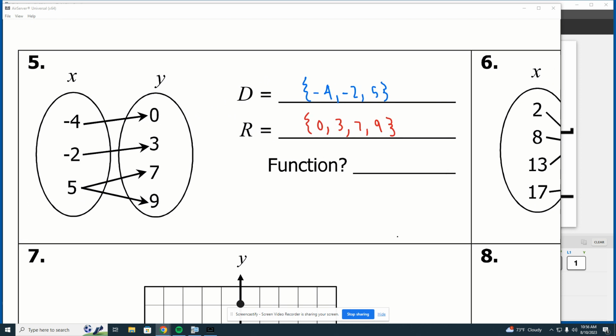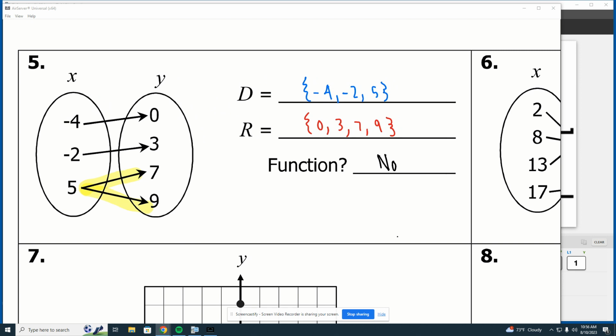Now, last question. Is this one a function? Yeah. You sure? It's not a function. No. Why, Vaughn? What's happening that makes this not a function? I don't even know, to be honest. Okay, look. Right here, what is 5 telling you?